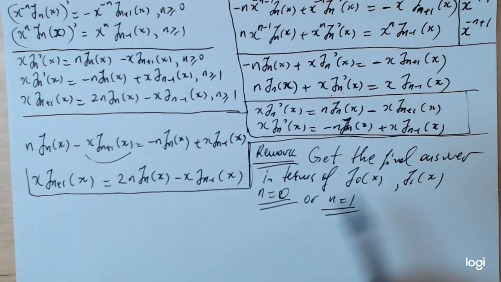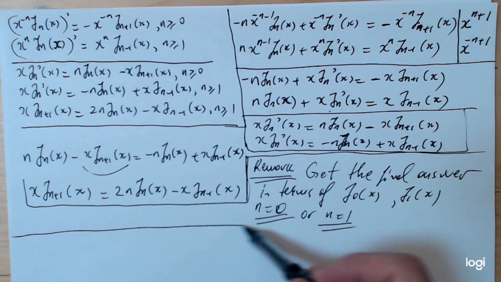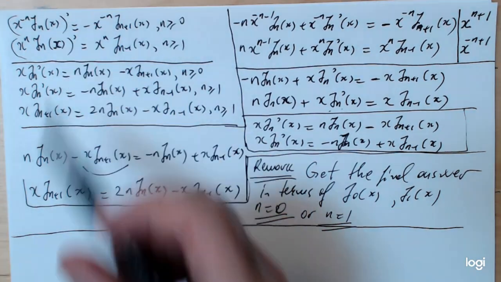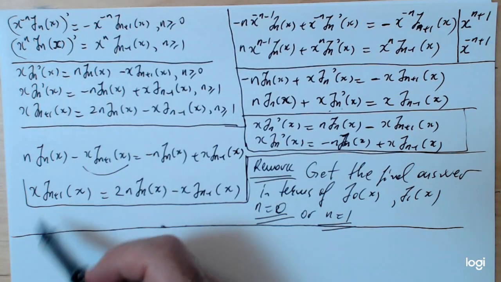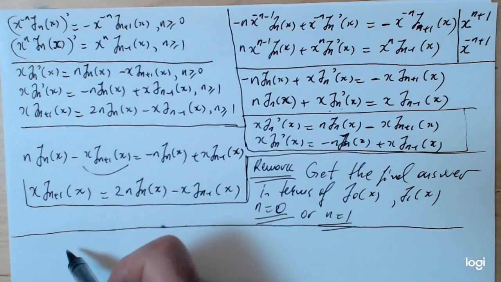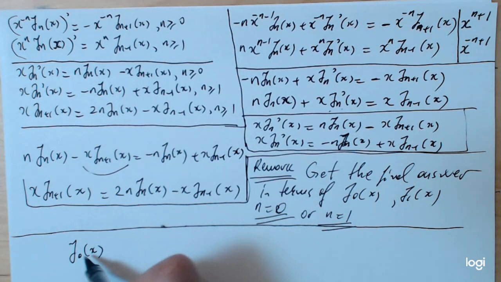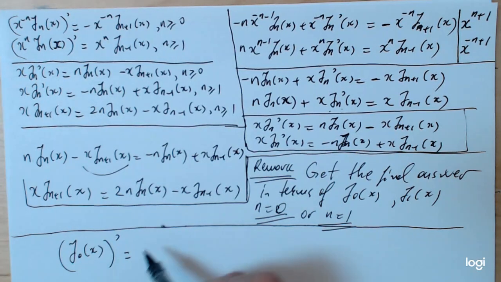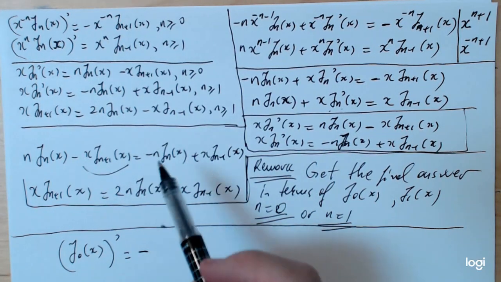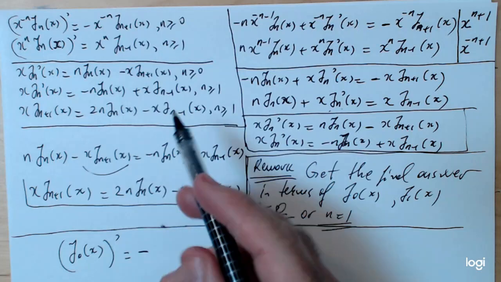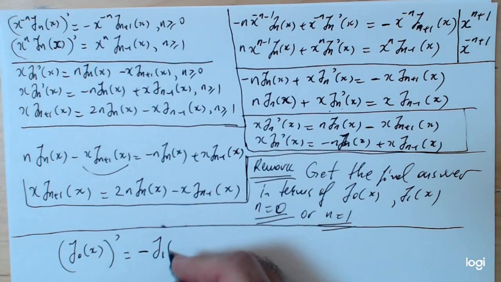So for instance, in the first formula here, if n is equal to 0, that gives you basically x to the 0, which is 1. So that gives you a formula for the derivative of J naught, which simply states that J naught prime is minus J1 of x.